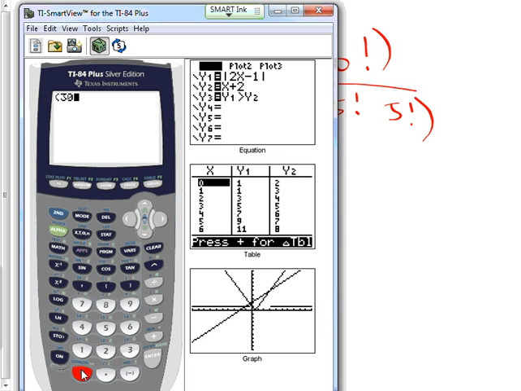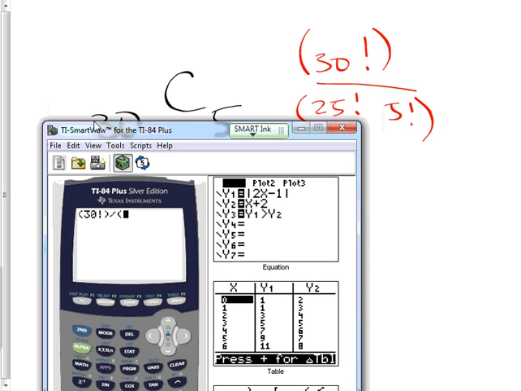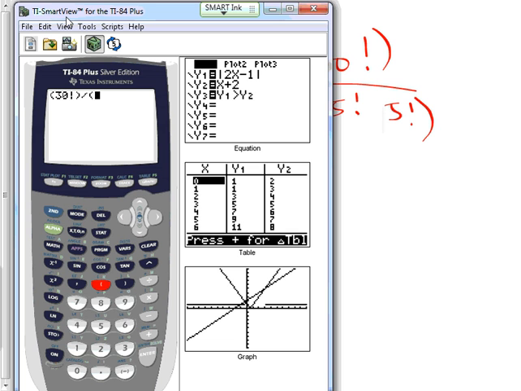30. Forgot where factorial is. It's under math. Arrow over to PRB and down to factorial, which is the exclamation mark. 30 factorial, parentheses, divided by, parentheses, 25 factorial, 5 factorial. Math. Factorial.